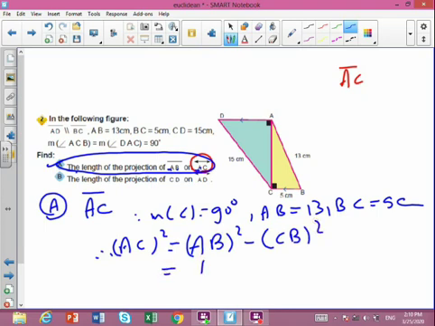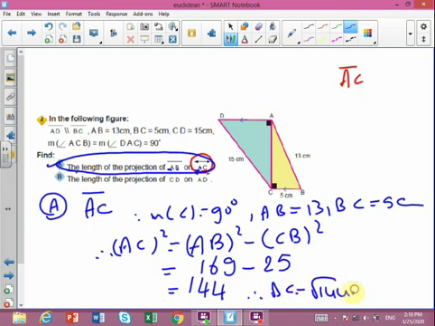So 13 square 169 minus 5 square 25. So 169 minus 25 gives you 144. Therefore AC will be root 144 equals 12 centimeter. So the length of AC is 12 centimeter.